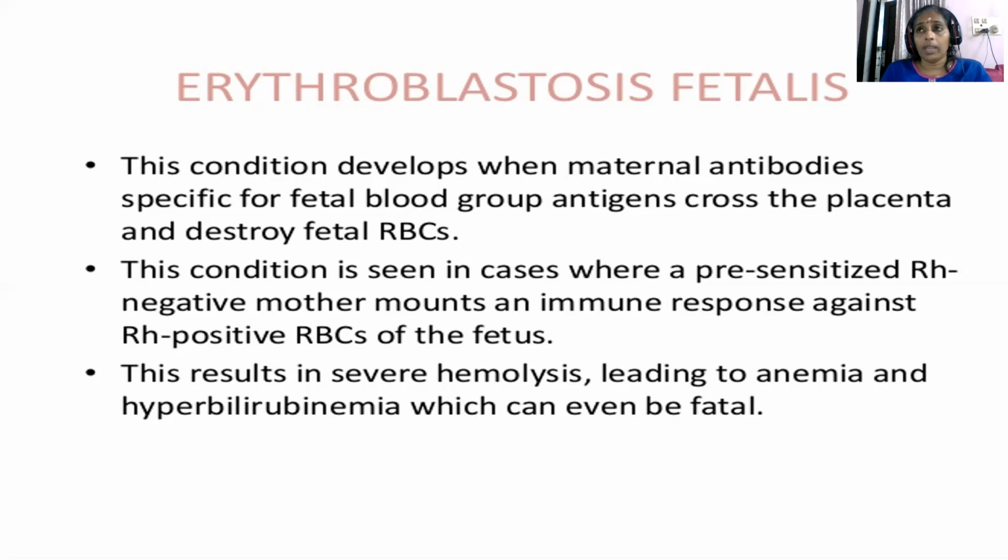Suppose the lady again becomes pregnant with an Rh positive fetus; immediately that fetus is eliminated due to the already existing anti-Rh antibody, which was formed during the first delivery. So this condition is called erythroblastosis fetalis. This leads to hyperbilirubinemia and anemia, even death to the baby.